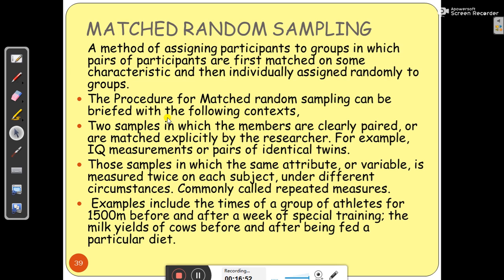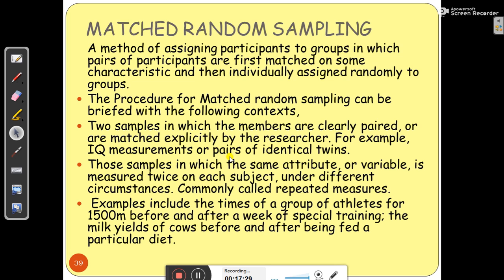So why this is matched random sampling is that we try to randomize the sampling, but we try to create a matching, because there are two sets of samples. One is before a timeline, one is after a timeline, might be different tables. Here you can see, suppose you want to measure IQ levels of two identical twins, then for the two people there will be separate entries for the twins, but the attributes will be the same.